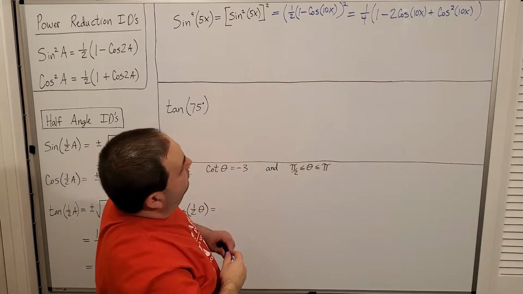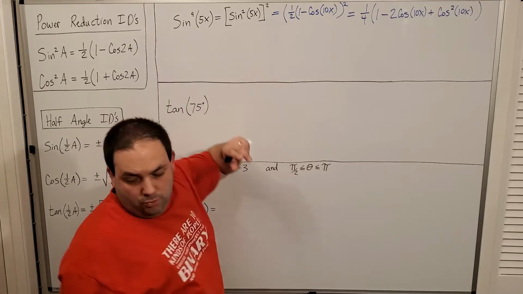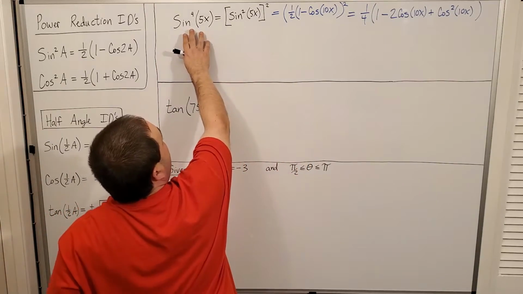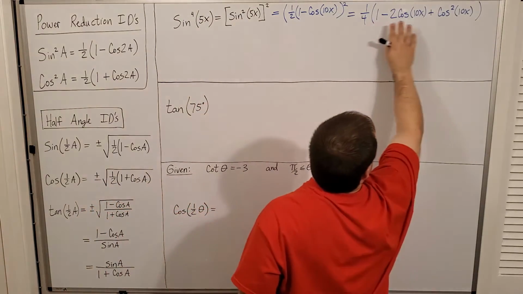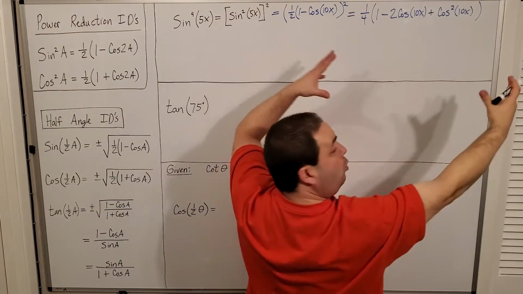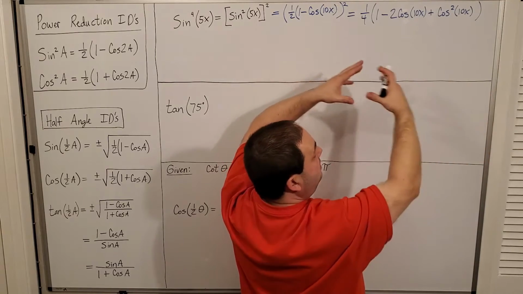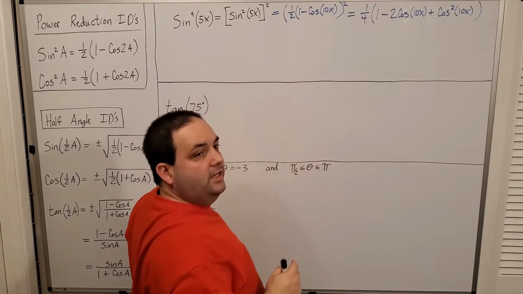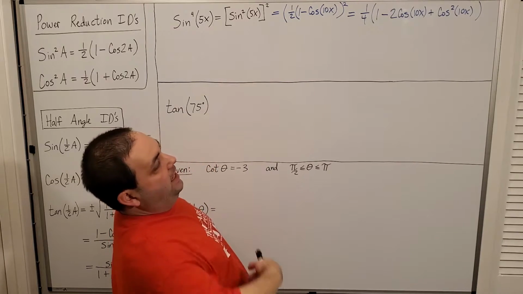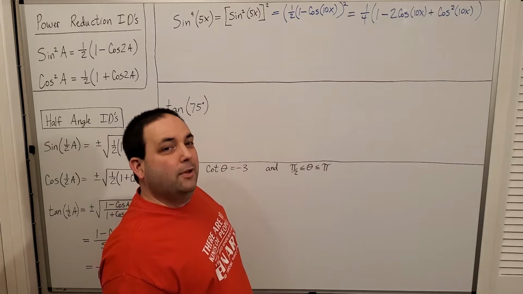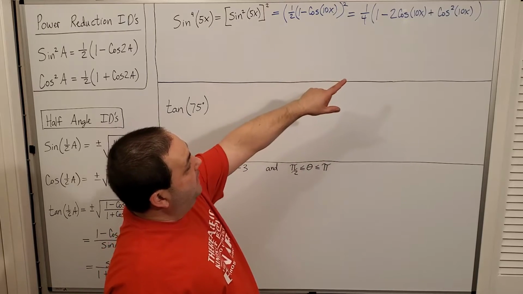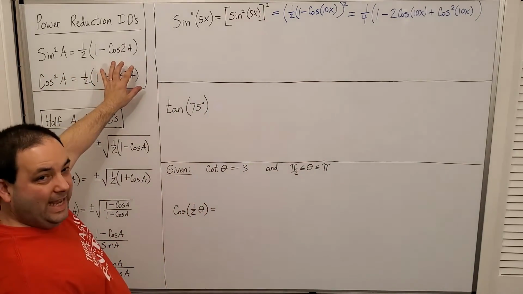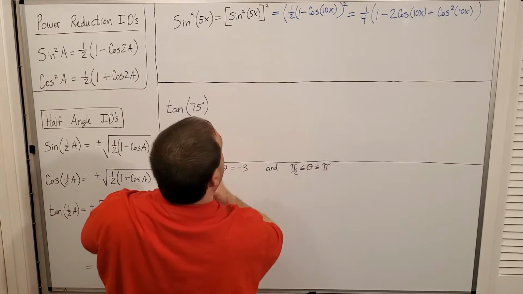Okay? So from there you see what I've been able to do after foiling this out: I've taken something that originally had a 4th power in it, and I've reduced it to something that has more terms, that's the sacrifice, but it now only has a 2 power in it. Then I can even take it one step further because I can enact the cosine squared identity again on that one.